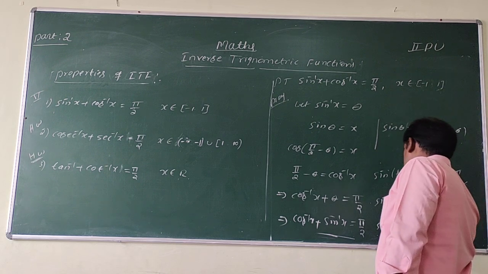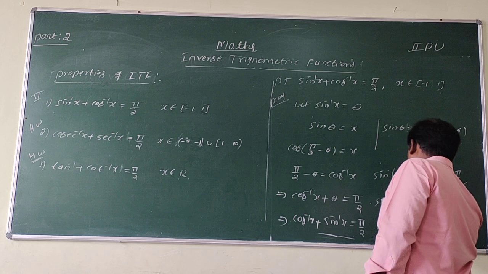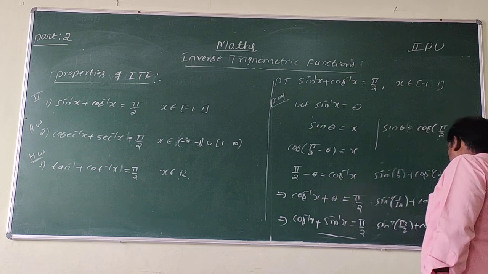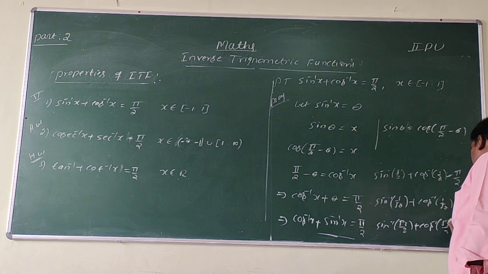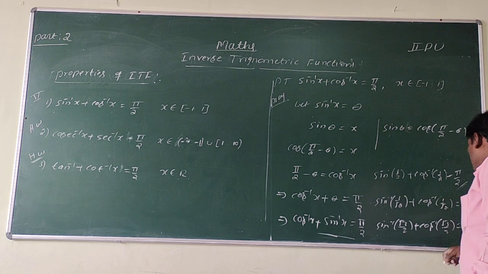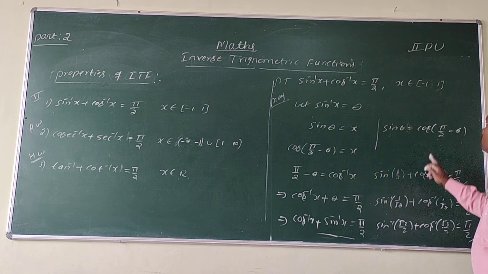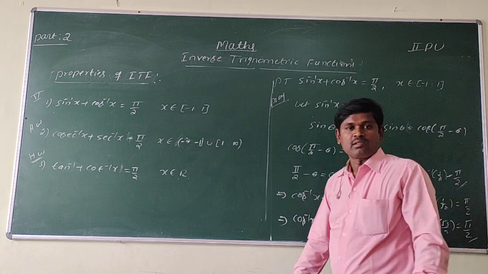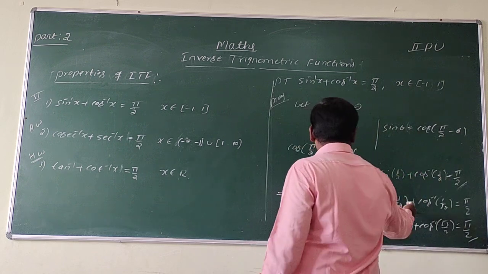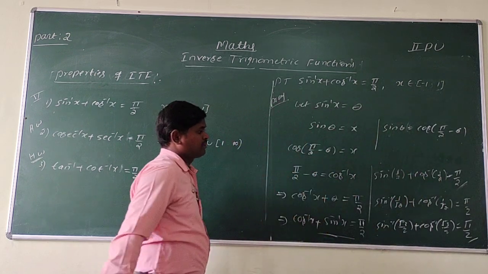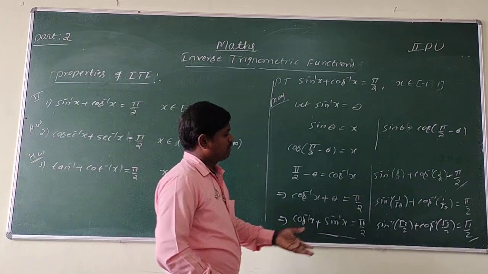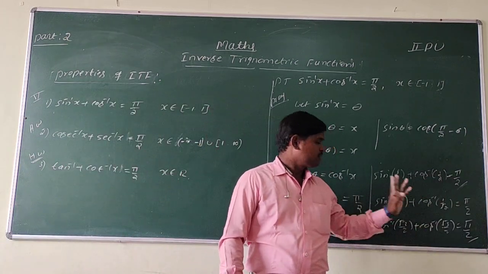Similarly, sin inverse of root 3 by 2 plus cos inverse of root 3 by 2 also has value pi by 2, since root 3 by 2 is in the interval minus 1 to plus 1. These are the applications of this formula, so we directly write the value of these problems.